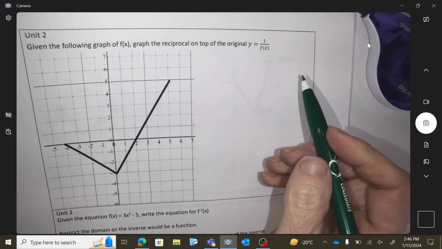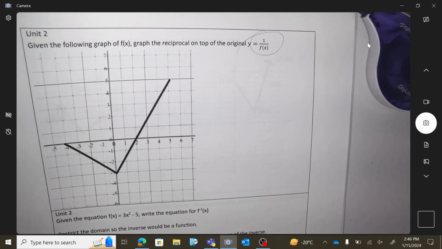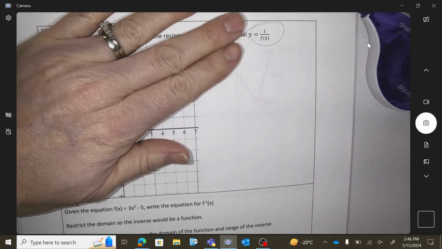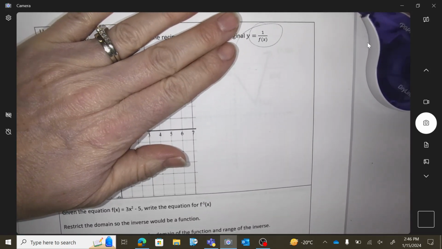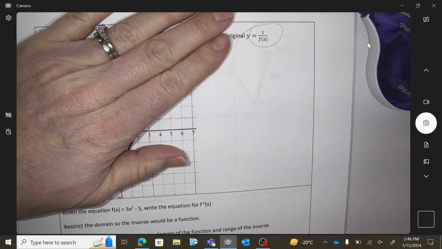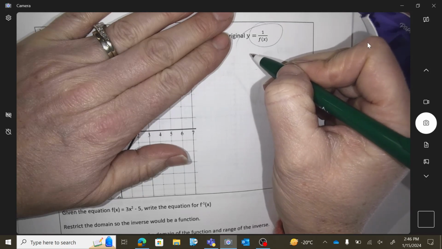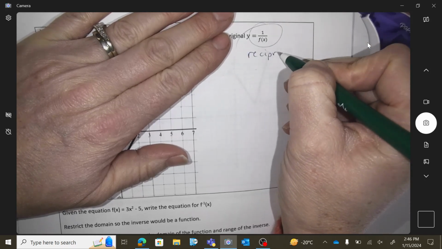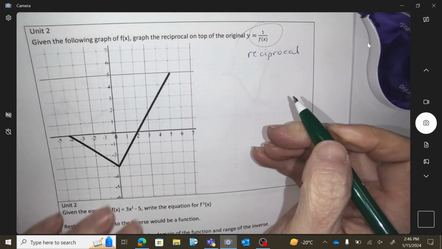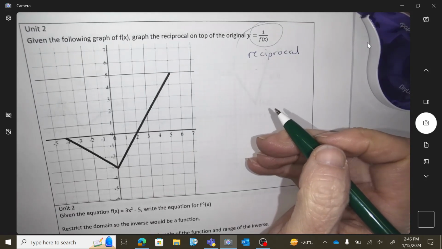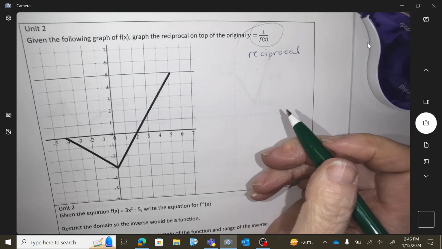Okay, another one we haven't seen. What is this? If you just saw that, do you know what it means? Reciprocal. Okay, f of x is the height, so we're flipping the height around.